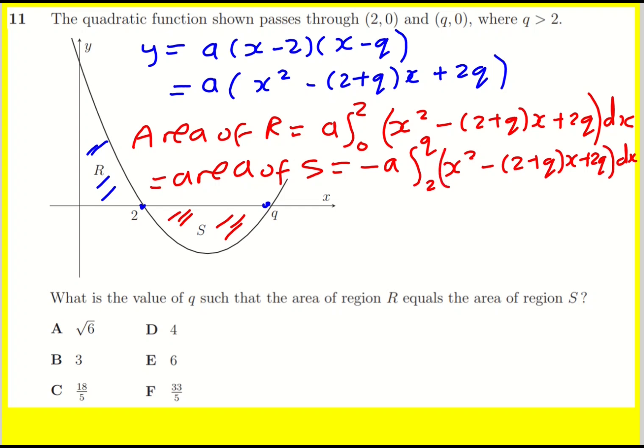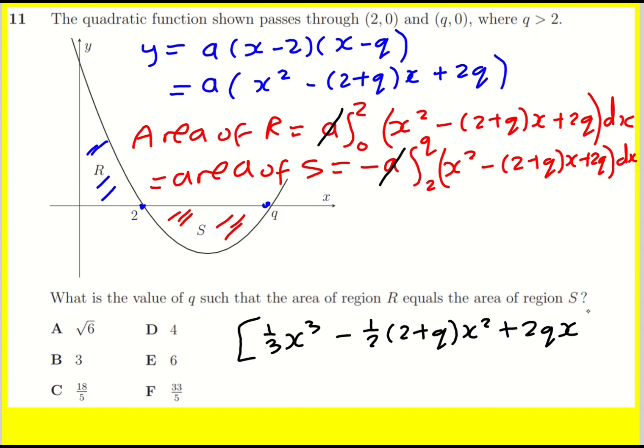Okay, so let me focus on that actual integral. I'm going to get one third x cubed minus a half (2 plus q) x squared plus 2qx. And because they're all equal, I can now just cancel out that a.